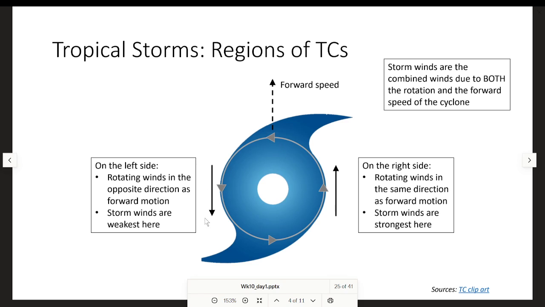And it's pushing the water away. The wind is spiraling around, and when it goes over land, it slows down. So the wind speed on this side of the storm is going to be slower. So the most dangerous part of the cyclone you can be on is the right-hand side.